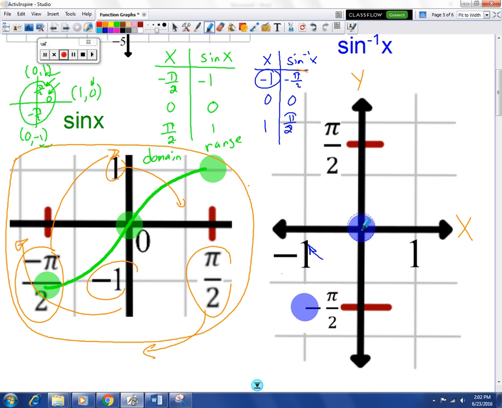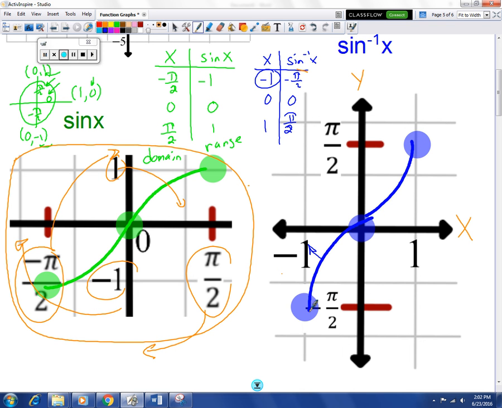And when you get positive 1, I go to positive pi over 2. So your inverse sine looks like this. Let me make it a little bit thicker. It kind of curves like that, and it curves like that.